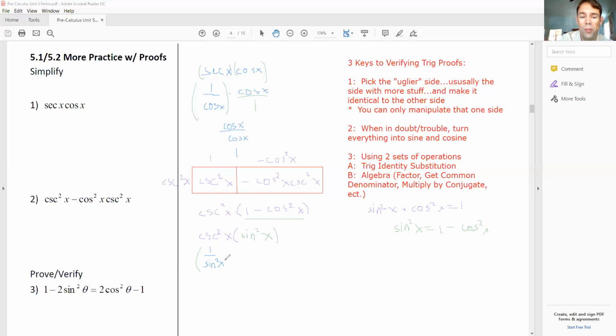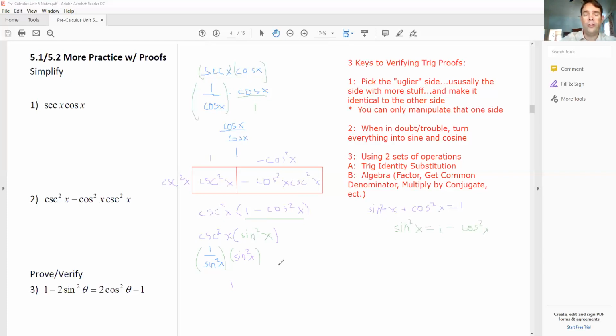So we're going to multiply that by sine squared x. So 1 over sine squared x times sine squared x. So we leave trig again. We go back to algebra. We multiply those together, and we end up with 1. And again, that's what you see on your notes there. That's what we just blocked off.